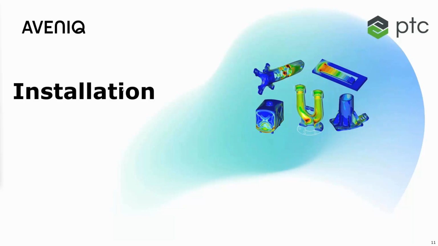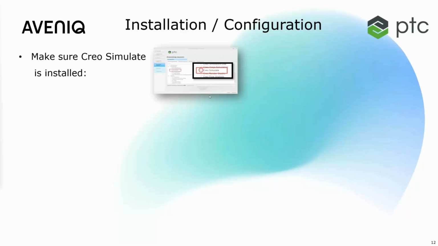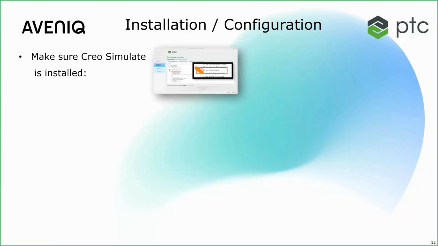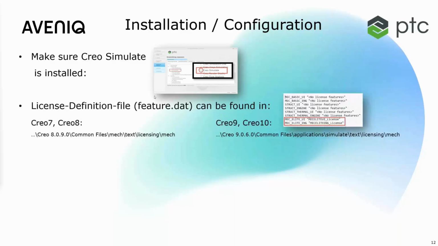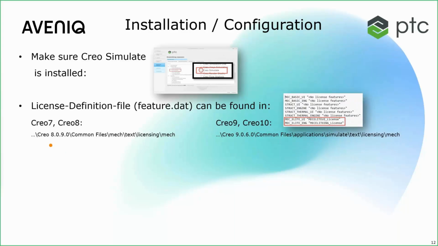Before you can use the tool, you have to make sure that Creo Simulation Elite is installed. Therefore, you or your CAD administrator have to check the Creo Simulate checkbox during installation. Then the product will be installed. In the older versions of Creo up to Creo 8, the installation is under that path.